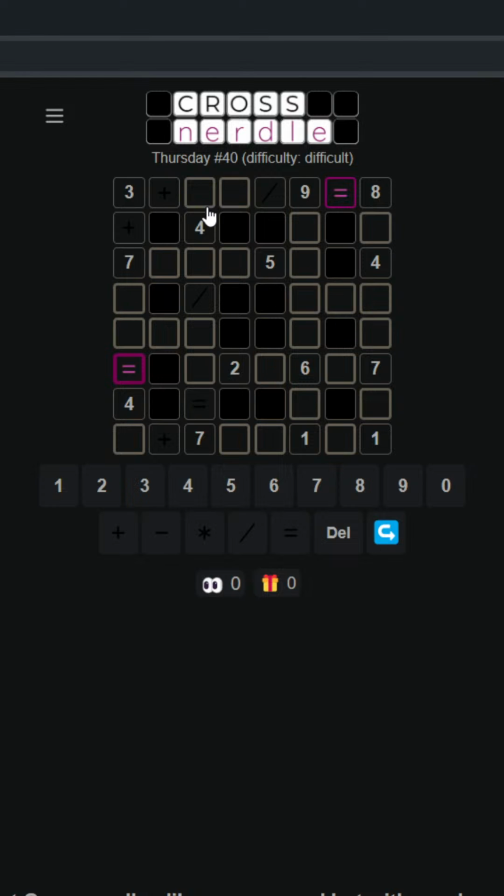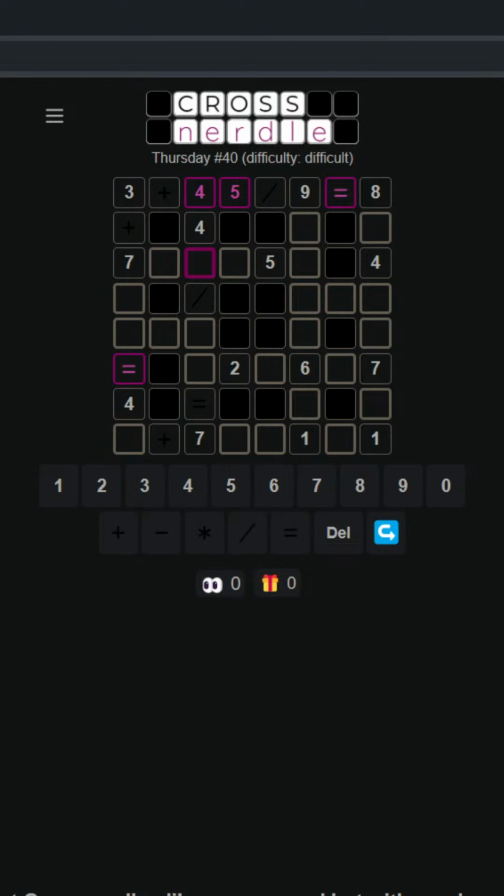3 plus blank divided by 9 is 8. I still think this is 45. 45 divided by 9 is 5 plus 3 is 8. This still can only be 448 or 441. If it's 441, we're dividing by, what is it, 63?